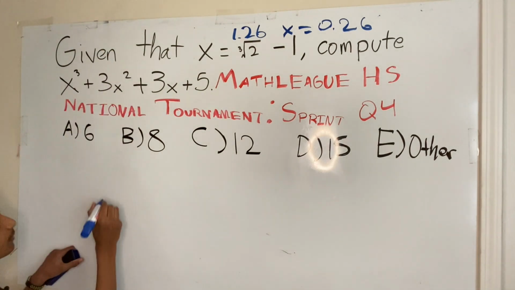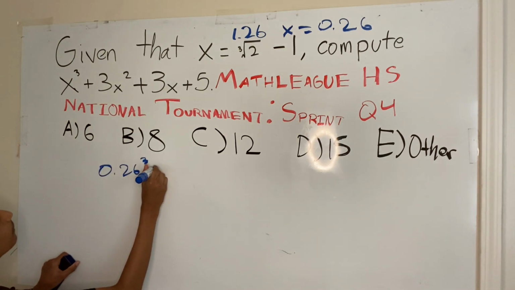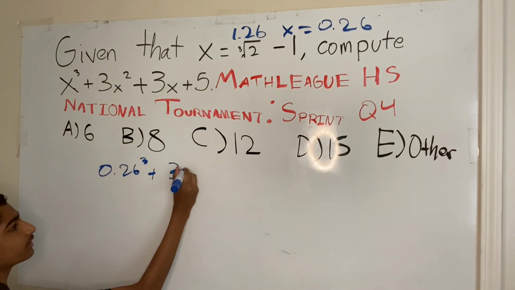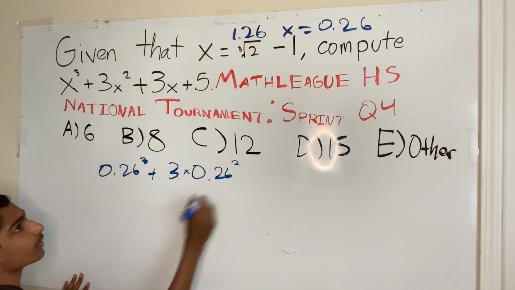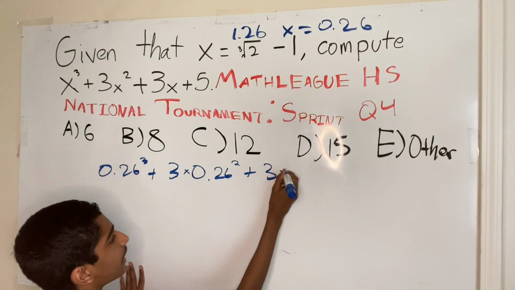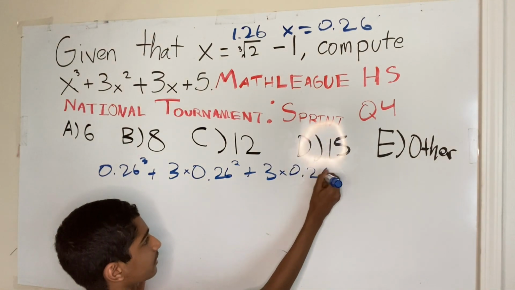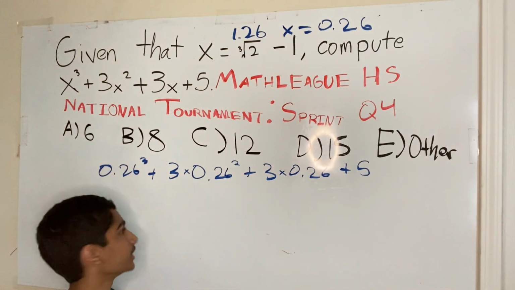So we would have to do 0.26 cubed plus 3 times 0.26 squared plus 3 times 0.26 plus 5. Oh god, that was a long expression.